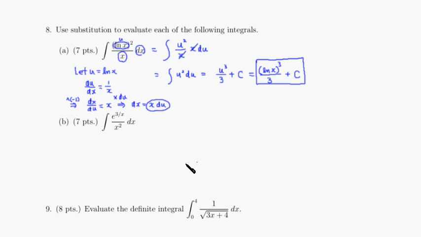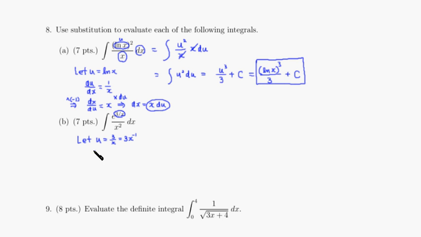All right, about part B. It's the same kind of deal. If you have e to the 3 over x, we wish that this was just a single variable. So we're going to do a substitution. Let u be 3 over x. If you want, we can rewrite it as 3 times x to the negative 1 power, same thing.